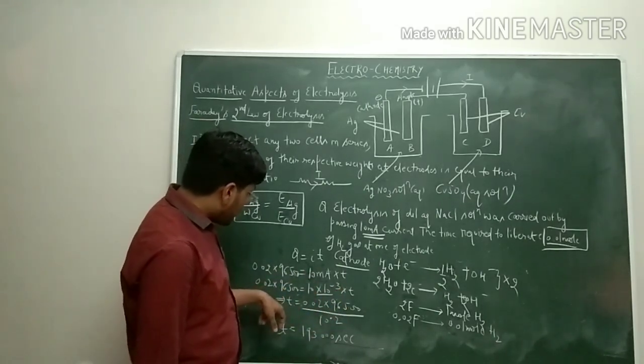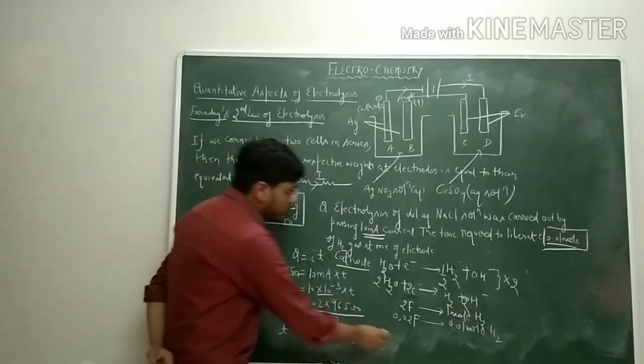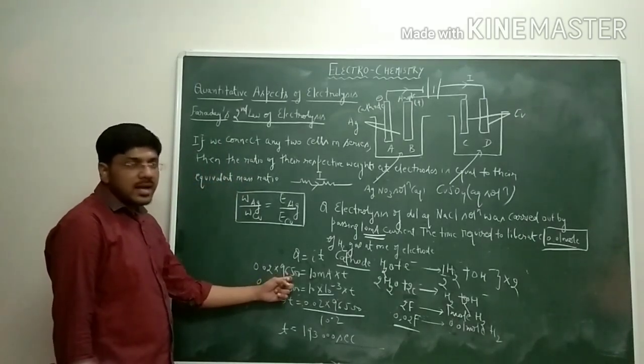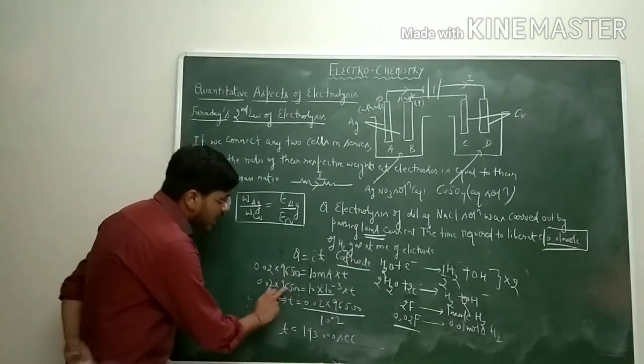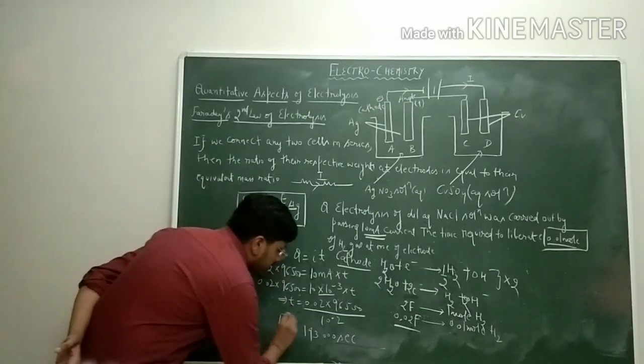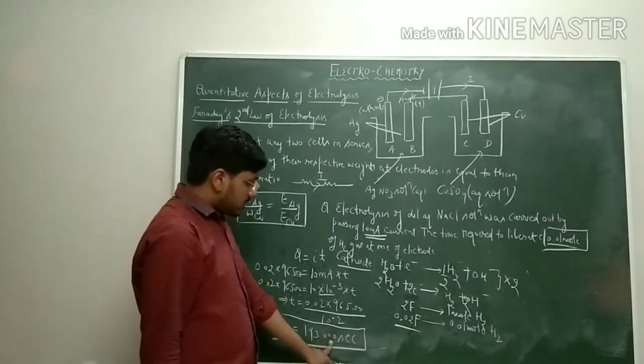So from here we will calculate the time. The charge we have calculated is 0.02 Faraday, and 1 Faraday carries 96500 coulombs of charge. On calculating, the time comes out to be 193 into 10 raised to the power 3 seconds.